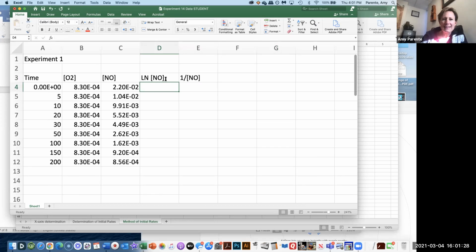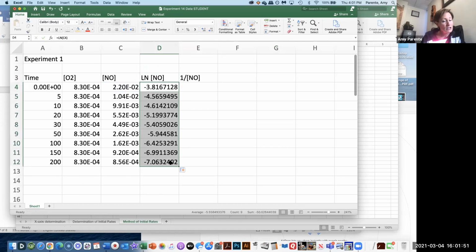So we've already done the ln function here, so I'm going to say equals capital L, capital N, parentheses, and then I'm going to choose this cell because I want the natural log of that concentration. I'm going to close my parentheses and press return, and that gives me the natural log. And I'm going to drag this down. I'm going to do the same thing here with 1 over. So I'm going to make a formula again.